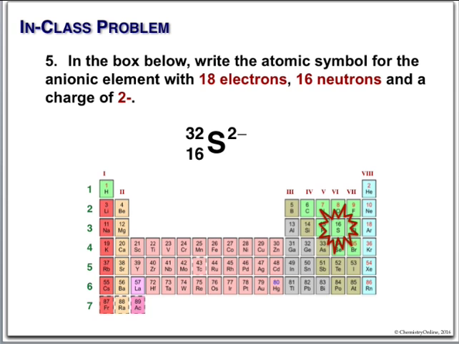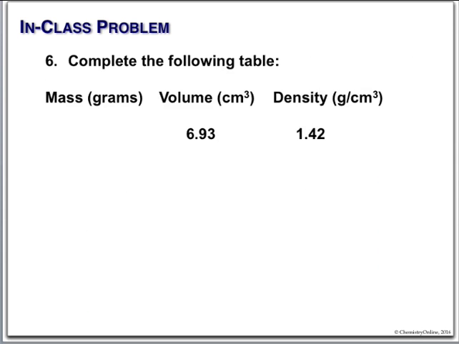All right, the next one here was a simple density table. Most of you have done density 1, which basically is just this table. We are given a volume and a density, and we simply have to calculate the mass.